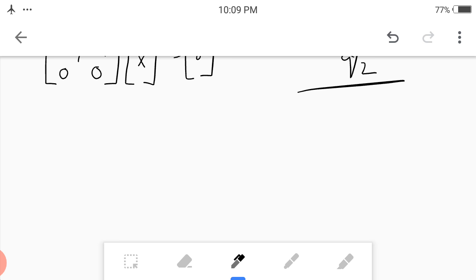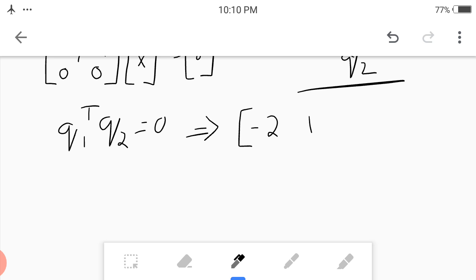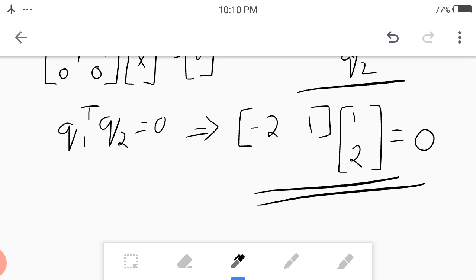To prove two vectors are perpendicular, which equation do you use? q1 transpose q2 is equal to 0. So let's try it out. Minus 2, 1 times 1, 2. So you are getting minus 2 plus 2, that's 0. So we have successfully observed eigenvalues are real, eigenvectors are perpendicular to each other.